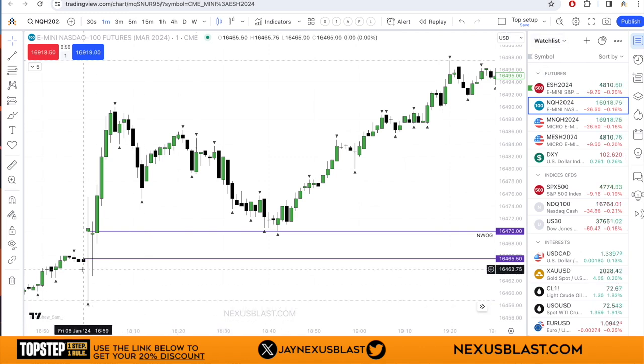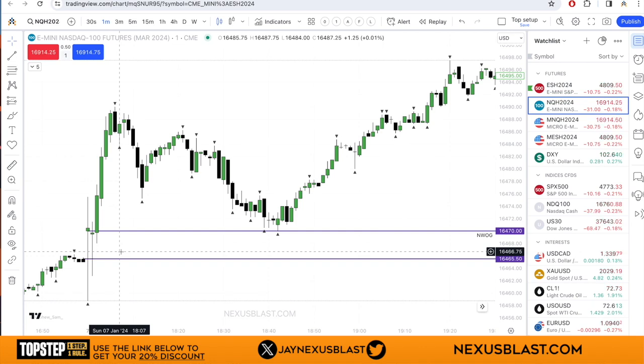On the Friday close at 4:59, you will take the close of the Friday price and mark out the opening price on Sunday at 6 p.m. And this will constitute a gap that will act in many different ways with price action. I'll go through the many different ways that it affects the way that we trade.